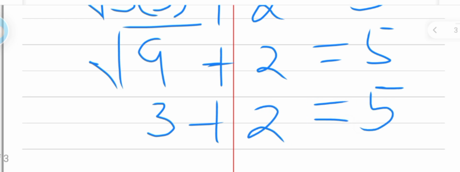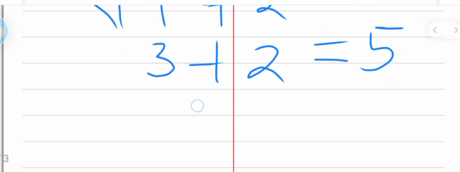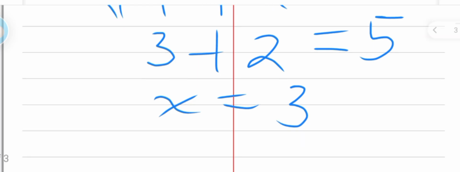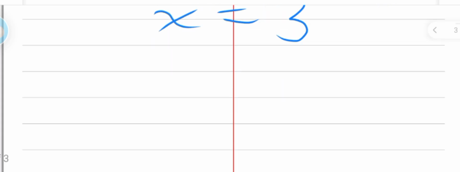So that means that x is actually equal to 3, right? So this is what we mean by radical equation. Let's take another example.